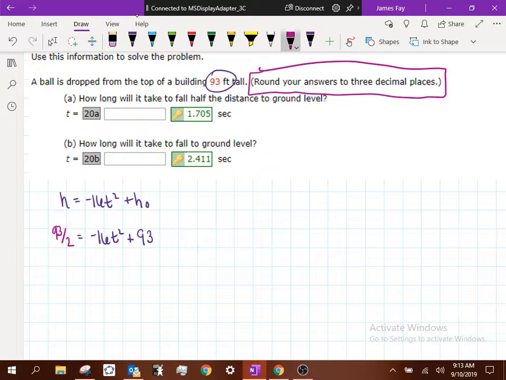If you want to write it as 41.5 and use that in your quadratic formula, that's fine, that's what I'm going to do. It's going to make things a little bit quicker. So let's subtract that from both sides. I get 0 equals negative 16 t squared plus 41.5.